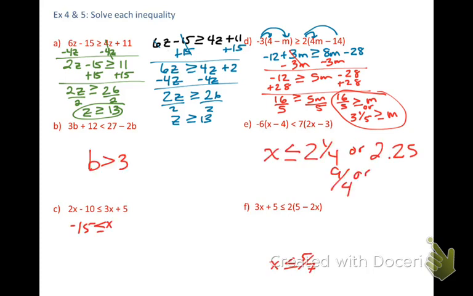All right, so for C, it's negative 15 is less than or equal to x, and F would be x is less than or equal to 5/7. With this fraction, it might become a repeating decimal, and it would be a very long one, so just leave it as a fraction. So just leave it as 5/7.